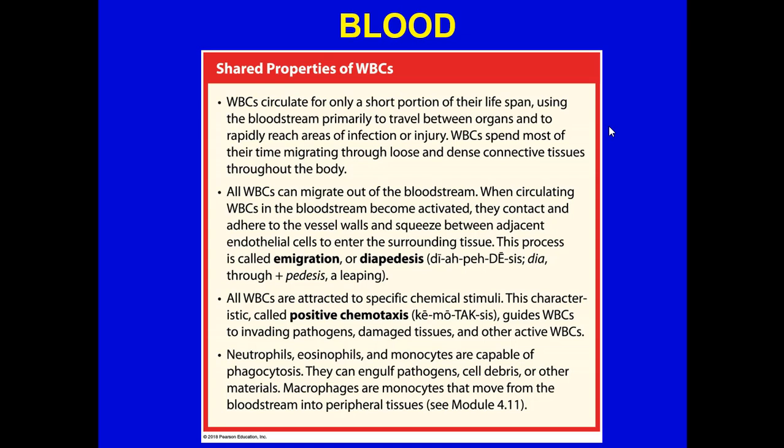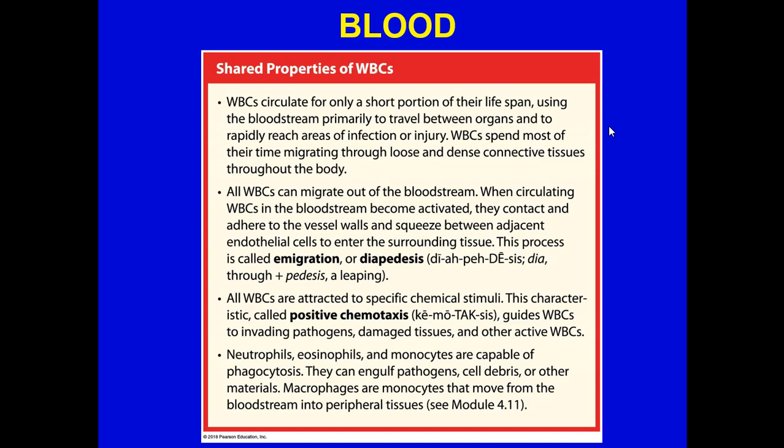Okay? You want to keep in mind also that as they are circulating, they come in contact, adhere to the vessel walls, and squeeze between the adjacent endothelial cells to enter the surrounding tissue. This process is called emigration or diapedesis.